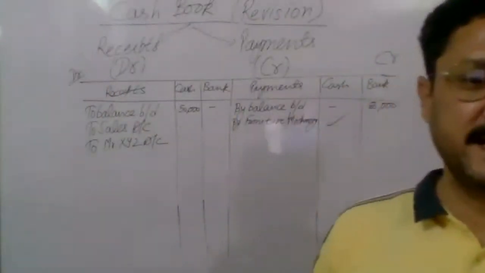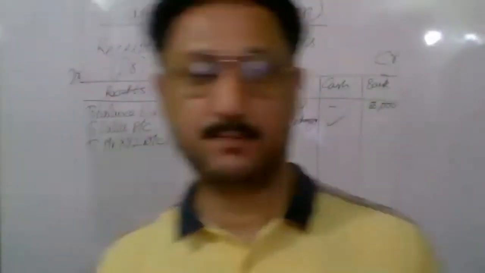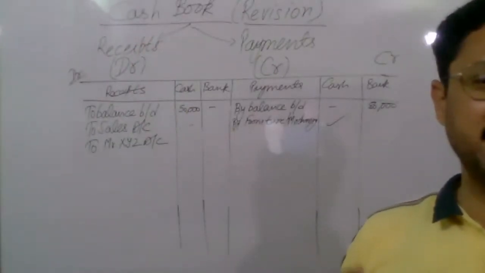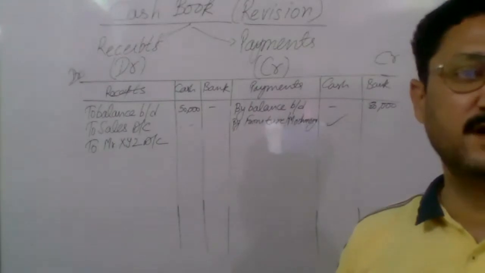Suppose we deposit money in the bank. 10,000 rupees is deposited in the bank. Then what will be the contra entry? Like this.